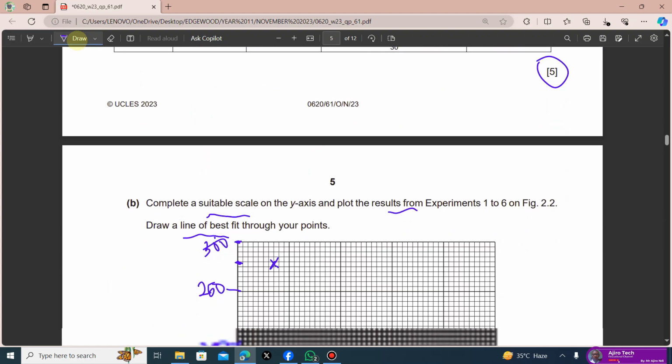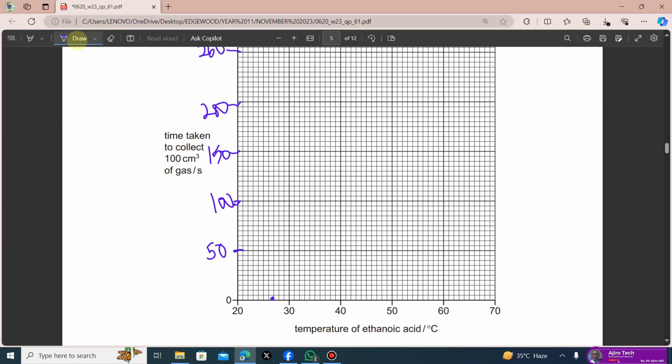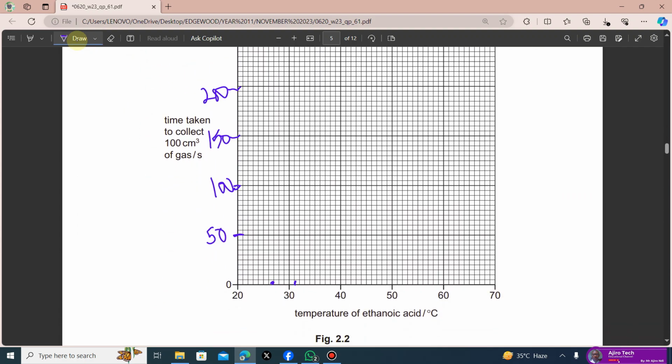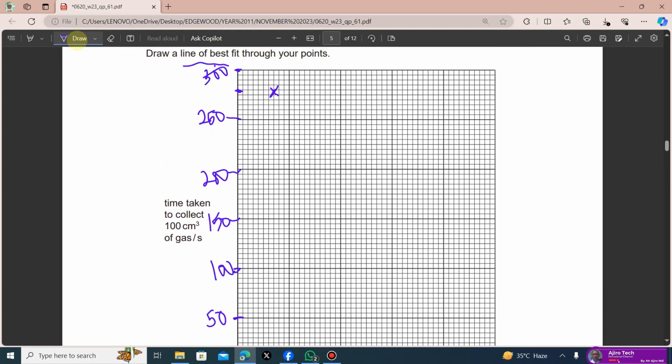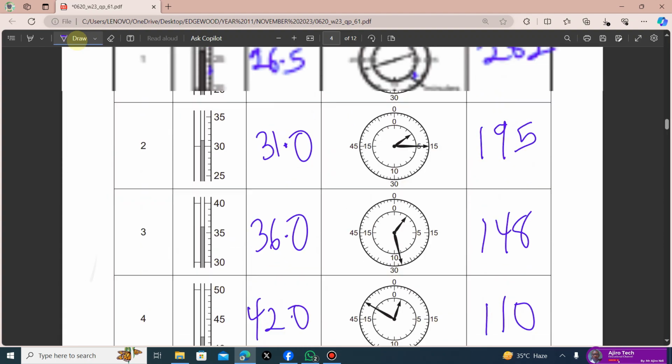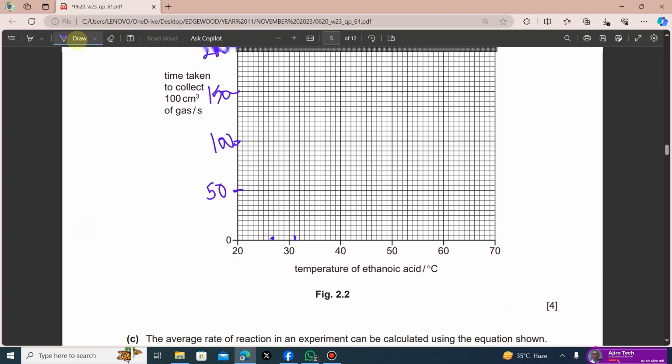31, 195. So 31 is somewhere around here. So 195. This is 155. If this is 200, so 195 should be somewhere around there, and each line is 5 units.